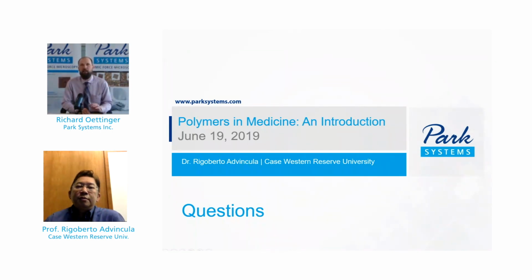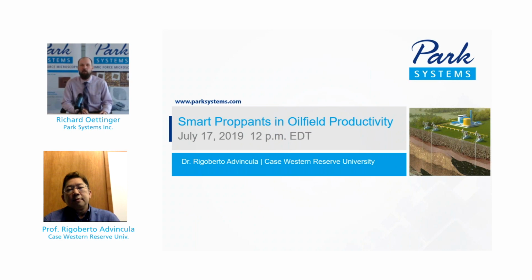All right, I will take this opportunity then to ask one final question, which is, can you give us a brief preview of next month's webinar topic, smart proppants and oil field productivity? Yeah, this is quite different from our topic of today. And interestingly, of course, the common trend is we're still talking about polymers, in this case used by the oil and gas industries.